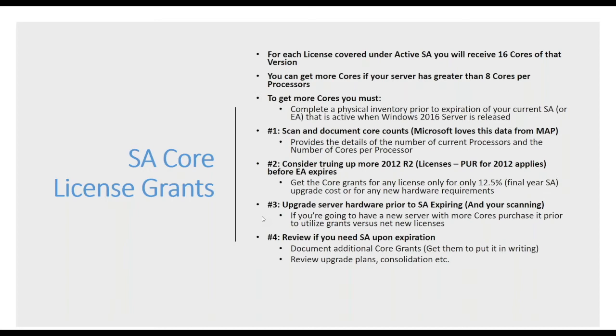So when you're looking at your inventory, if all of your servers are 8 cores or less per processor, you have no issues, because the grants themselves are just going to give you enough cores to cover your environment. Now, the reality is, even in some of my smallest clients, that's never the case. They always have more than an average of 8 cores per processor.